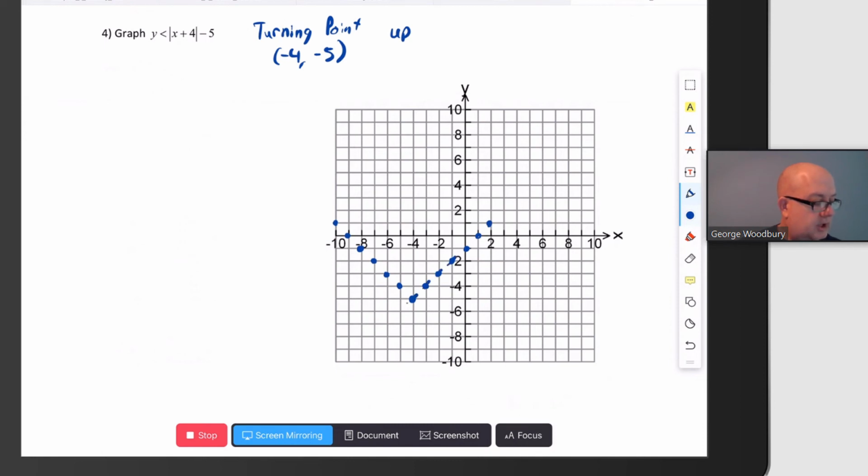Now, this one is going to be dashed because the inequality sign does not contain an equal sign underneath it. So something like that.